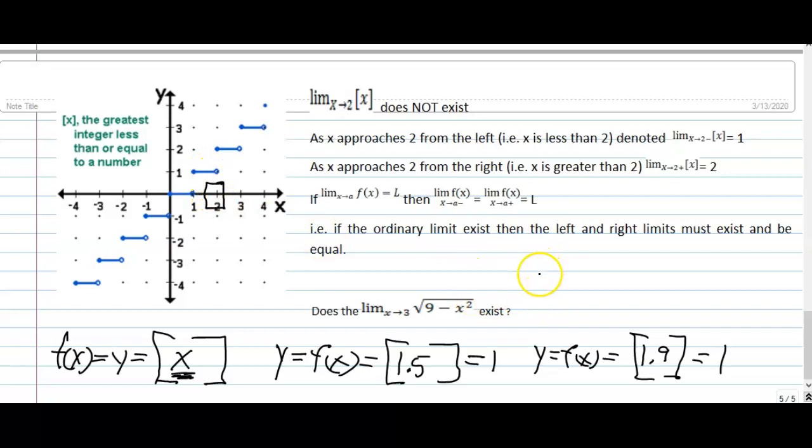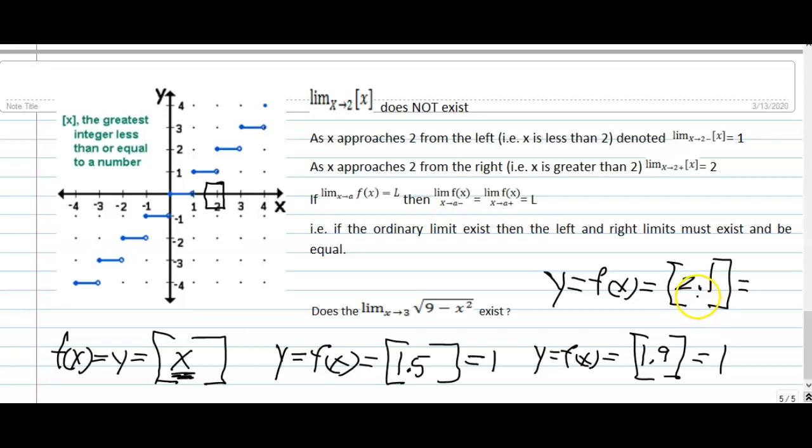But now when we get on the other side of 2, say x is equal to 2.1. So this is the greatest integer function. This is what these brackets mean. And it means that y is the greatest integer less than or equal to what is inside here.